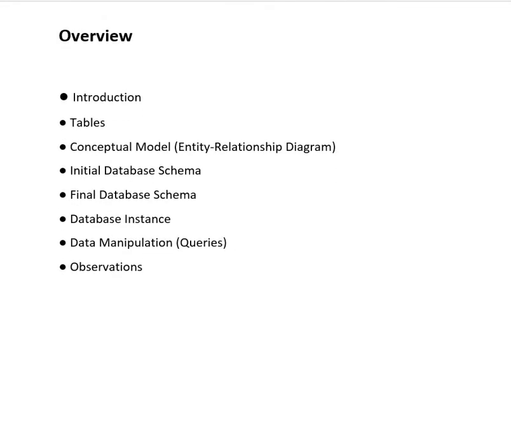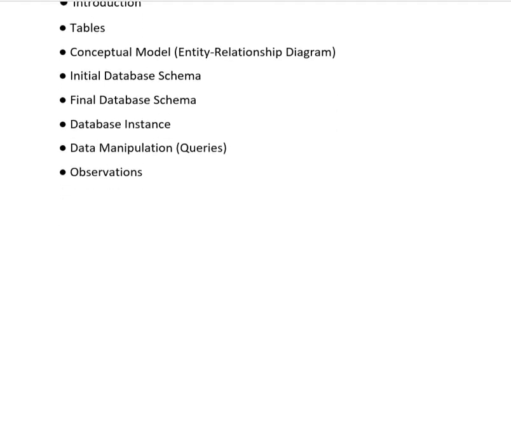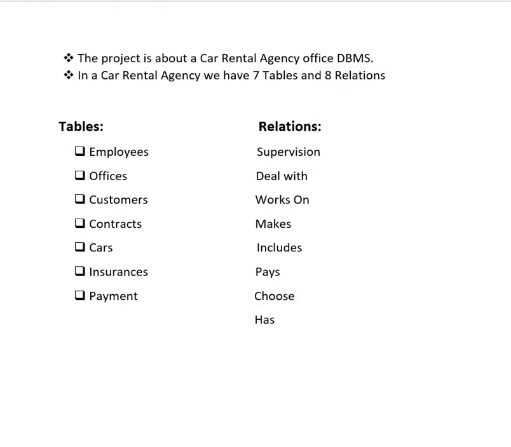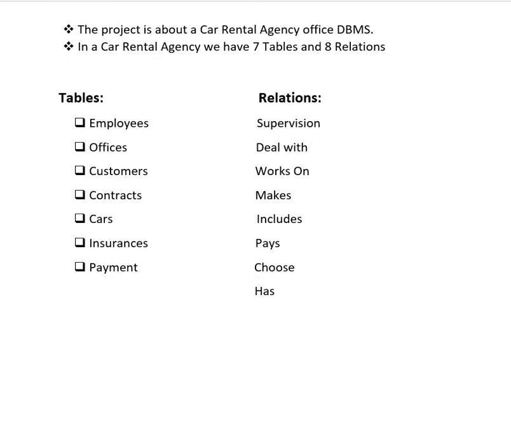This is the overview of the project, where we have the introduction, tables, conceptual model, initial database schema, final database schema, database instance, data manipulation, and observations. The project is about a car rental agency office database management system where we have provided the tables and relations.